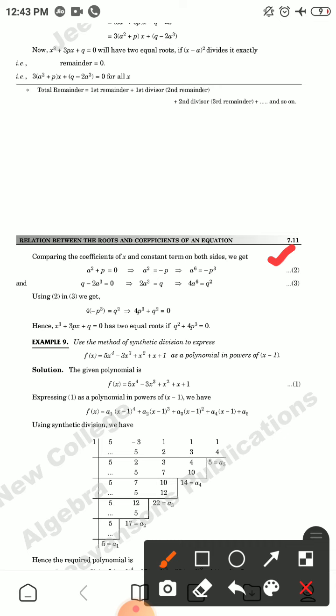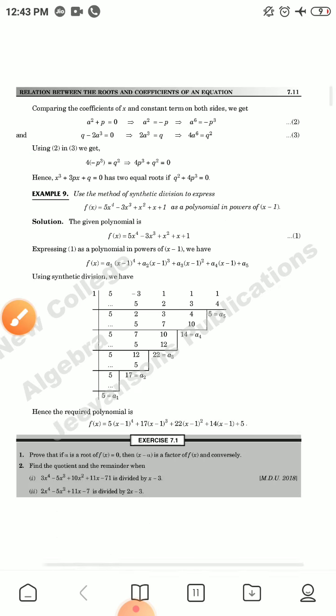Cubing both sides, we have alpha to the 6 equal to minus p cube, and q minus 2 alpha cube equal to 0, 2 alpha cube is equal to q, and squaring here 4 alpha to the 6 is equal to q square, marking these as 2 and 3. Using 2 and 3, we get 4 into minus p cube is equal to q square, and solving this, 4p cube plus q square equal to 0. Hence this has two equal roots if q square plus 4p cube is equal to 0.